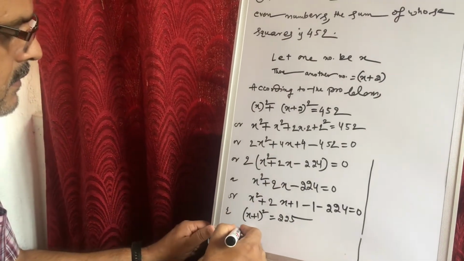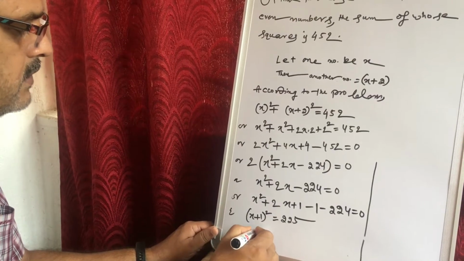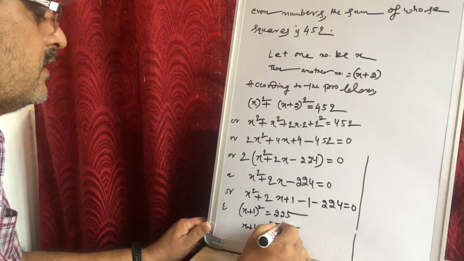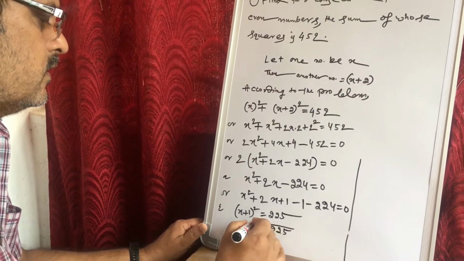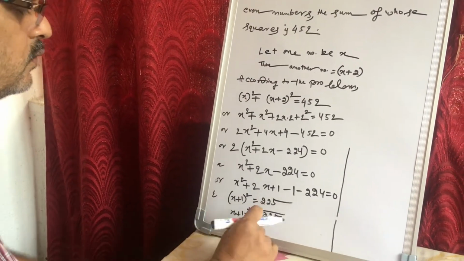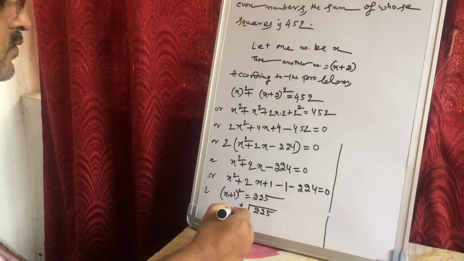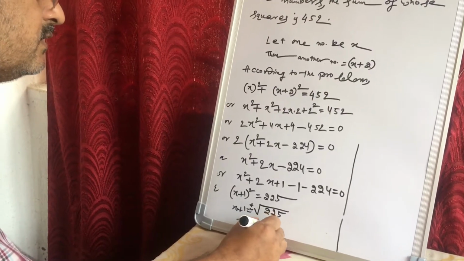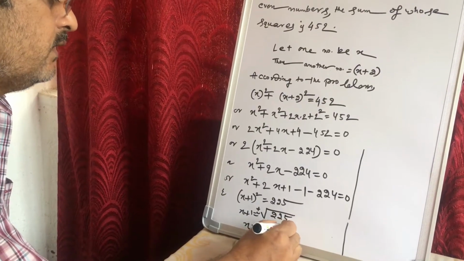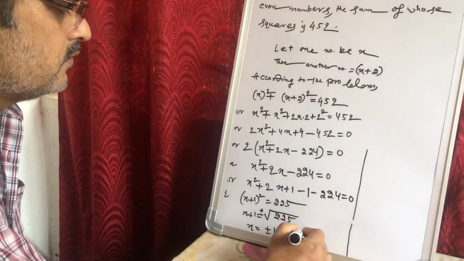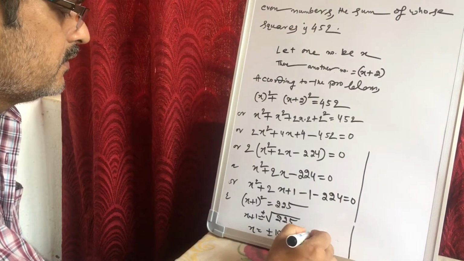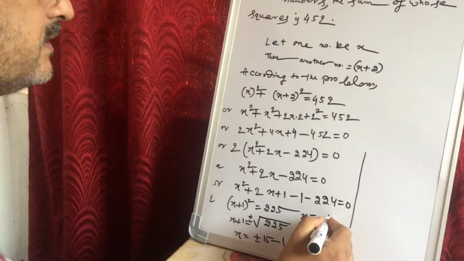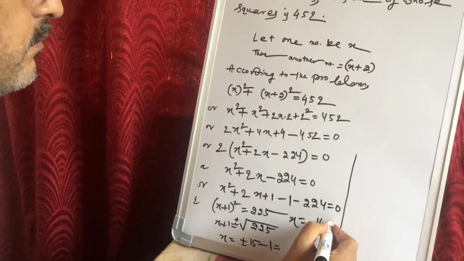Then x plus 1 is equal to plus minus root of 225. So x is equal to plus minus 15 minus 1. So x is equal to minus 16 and plus 14.